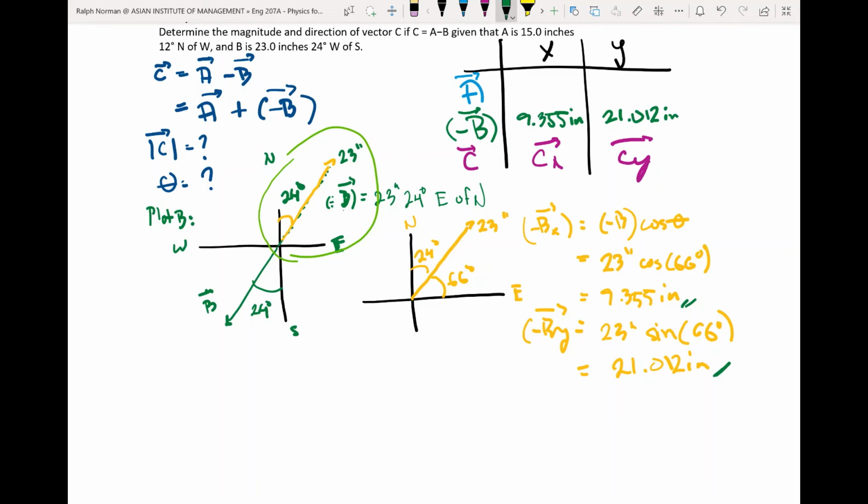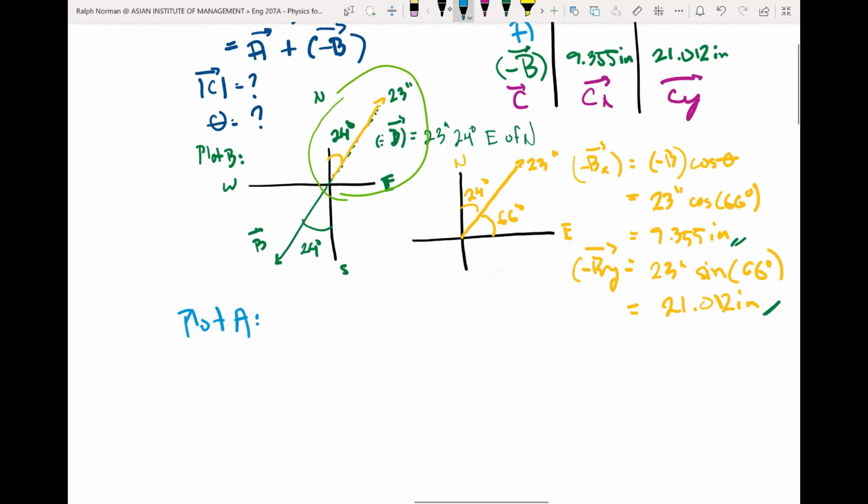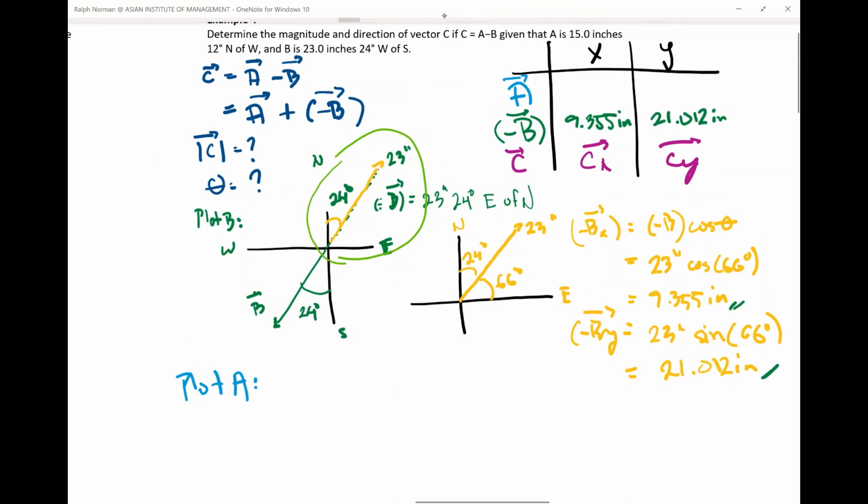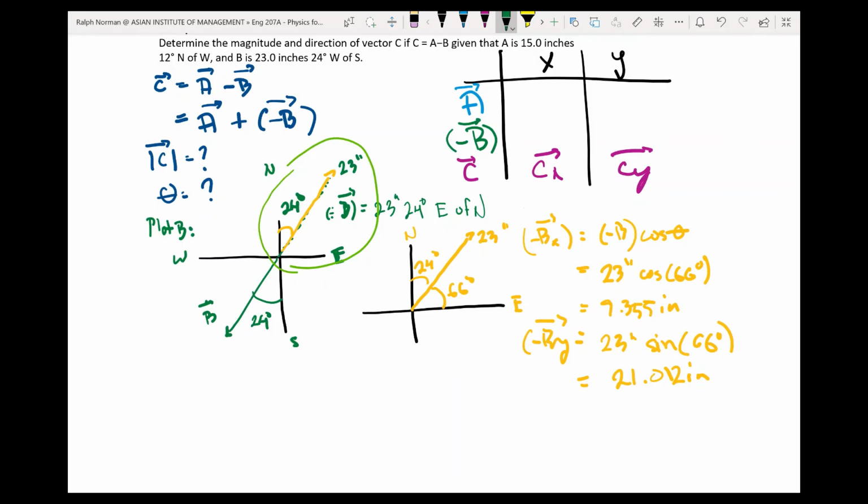Okay. Now for the A, let's plot A naman. That window, 24 degrees. Okay, there we go.